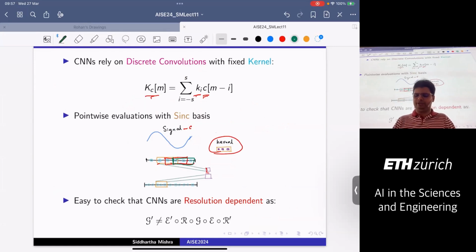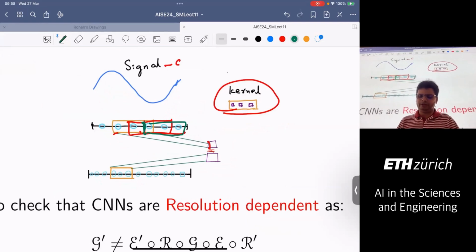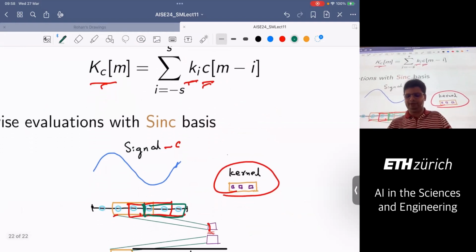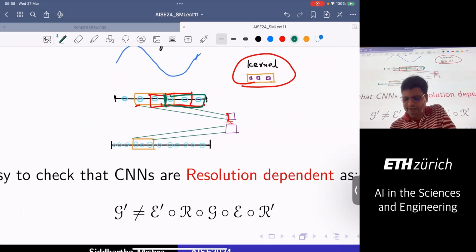The simplest argument is, if you take a finer grid, it could also be a coarser grid. If you take a finer grid, as you can see here, I have the same kernel, because I'm not resizing the kernel. So I take these three values. Remember that the orange here had three very different values.